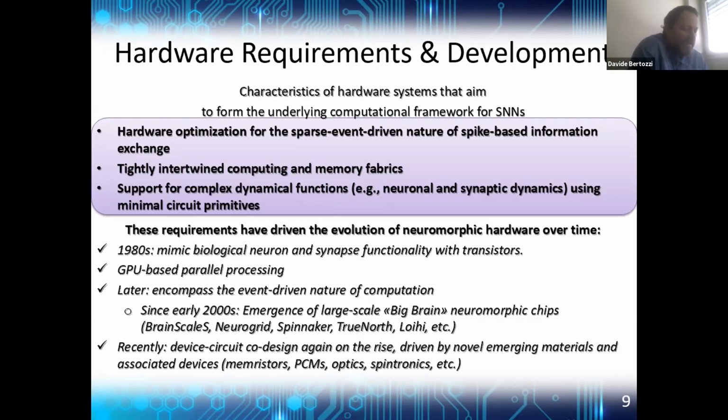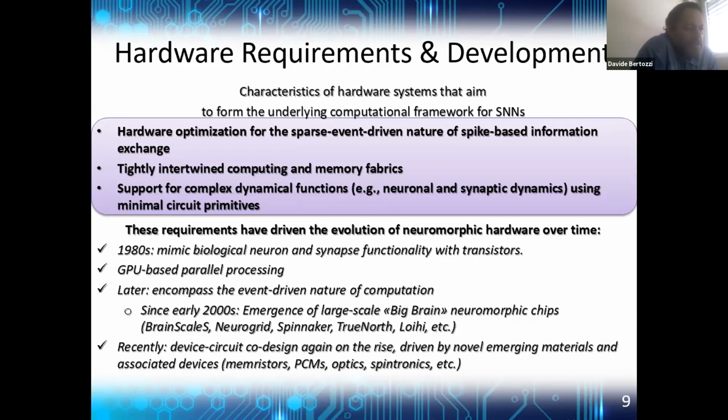While GPUs do provide an obvious advantage for their increased programming flexibility, they do not explicitly leverage, and that's an issue, the event-driven nature of spiking computations. Therefore, as time went on, the unmistakable trend was to encompass the event-driven nature of spiky neural network computations.